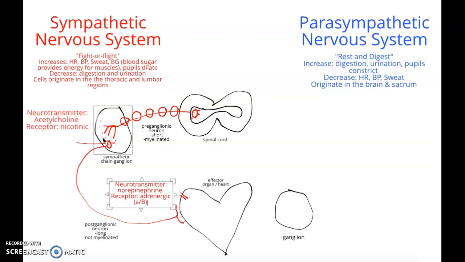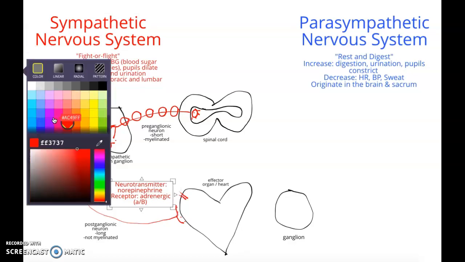You can see the neurotransmitter being used right here is acetylcholine, and the receptors are nicotinic. Here on the effector organ, neurotransmitter is norepinephrine, and then the receptors are adrenergic, so those alpha-beta receptors. Okay, we'll go through the parasympathetic side now.